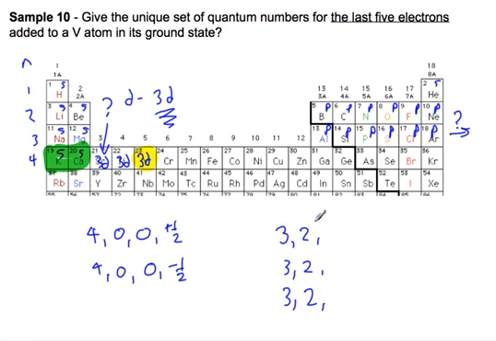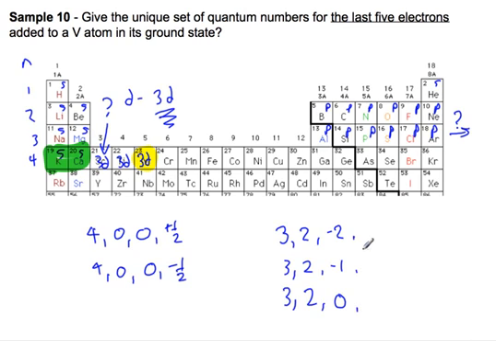Possible values of ml when l equals 2 are minus 2, minus 1, 0, plus 1, and plus 2. 5 different values to accommodate the 10 electrons of the d block. And so here I have a choice. I can pick any number, and I half fill the orbitals. So I'm done there.